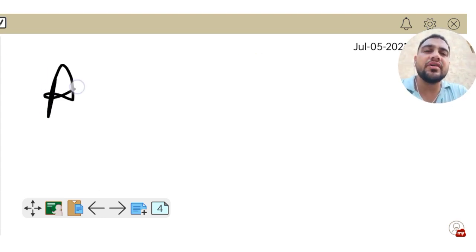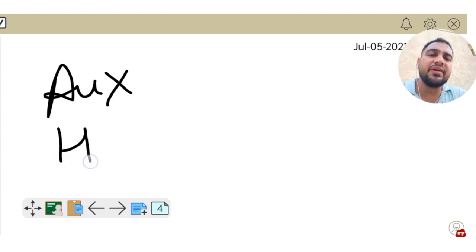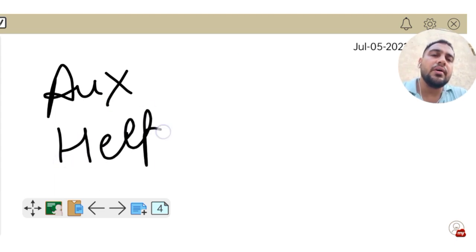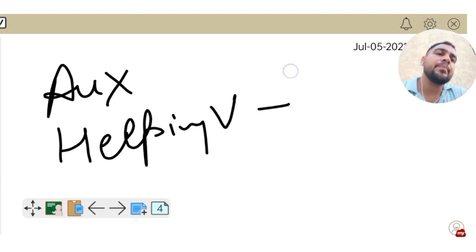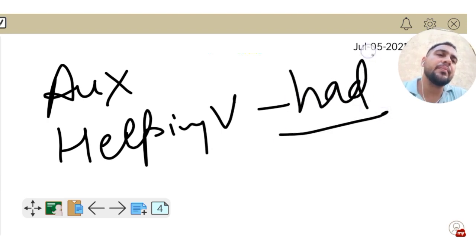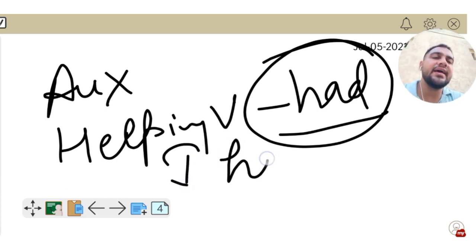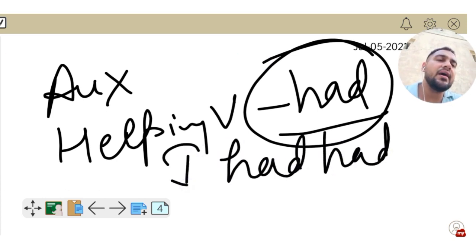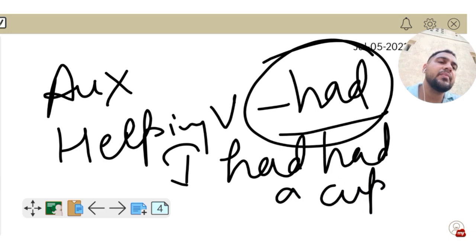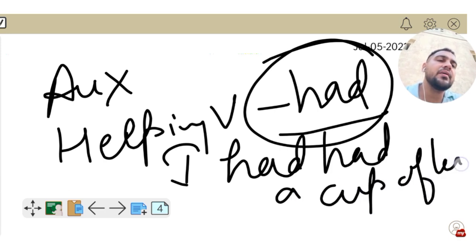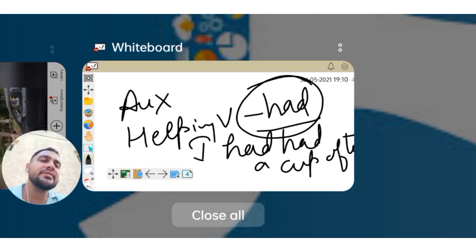And the auxiliary verb, or helping verb, in this case will be had. Like if I write, I had a cup of tea. Many will be confused that one had is different from the other had.